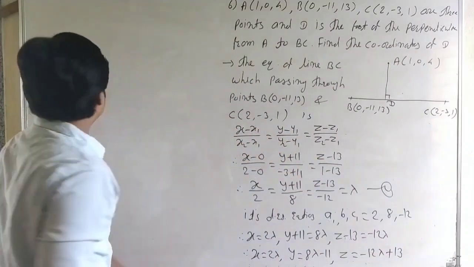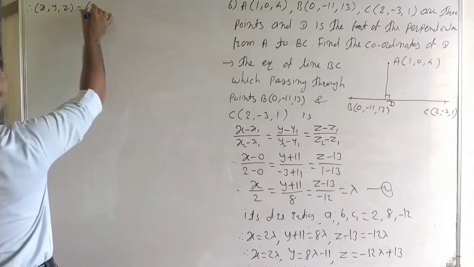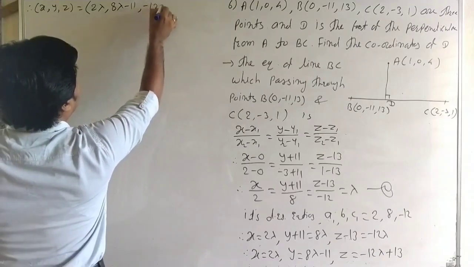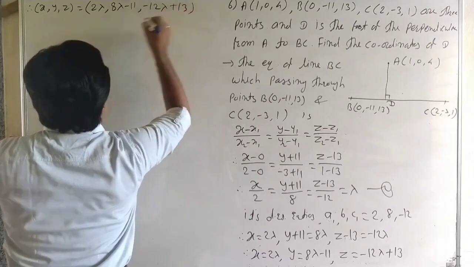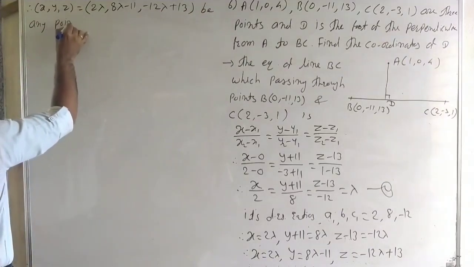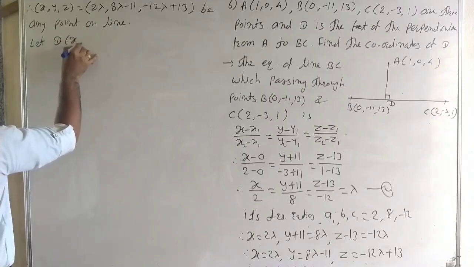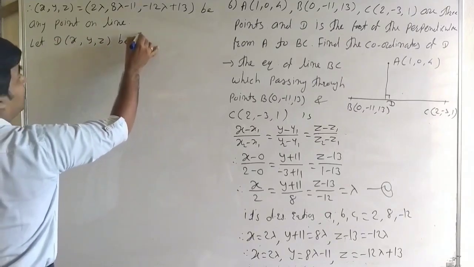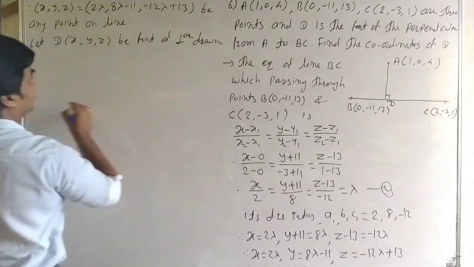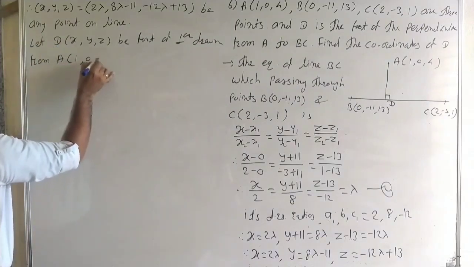See carefully. Therefore x, y, z is (2 lambda, 8 lambda minus 11, minus 12 lambda plus 13), any point on the line. Let D(x, y, z) be the foot of perpendicular drawn from A(1, 0, 4).